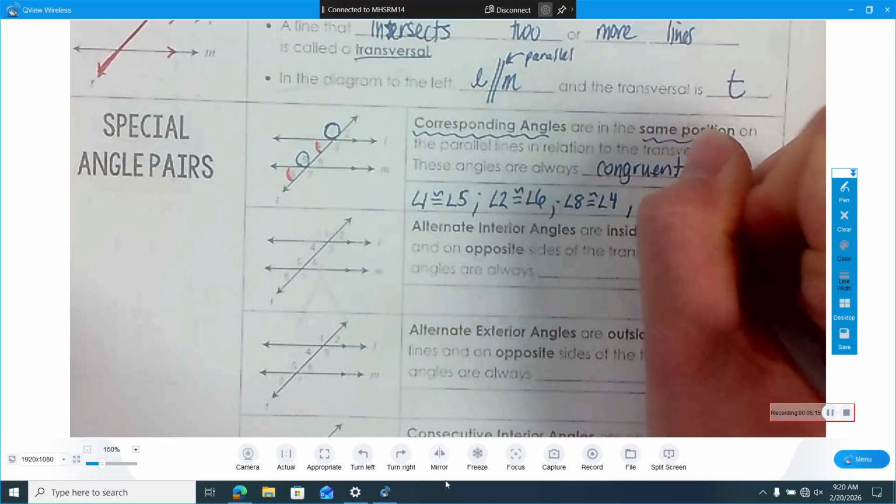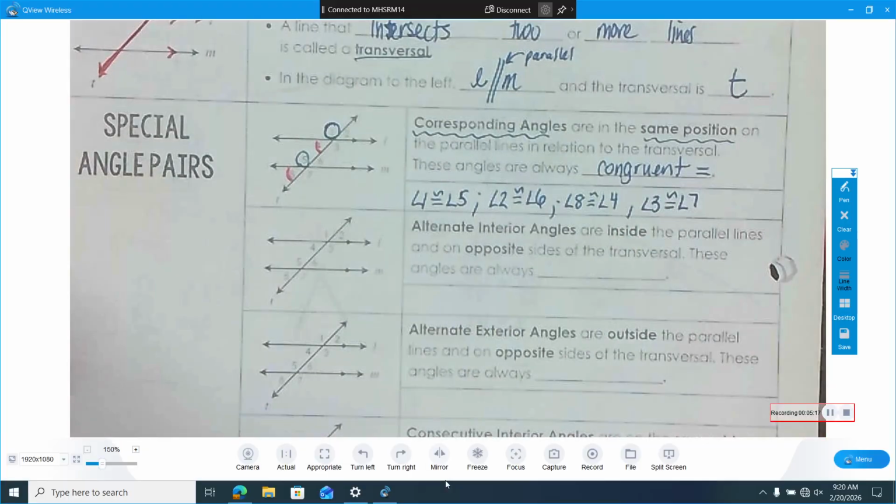So angle 3 is congruent to angle 7. If you can recognize corresponding angles, ladies and gentlemen, then that is fantastic, and that'll get us everything we need to know. Corresponding angles are congruent. They are the same exact measure, which is kind of nice. So those are corresponding angles. They're in a similar position.